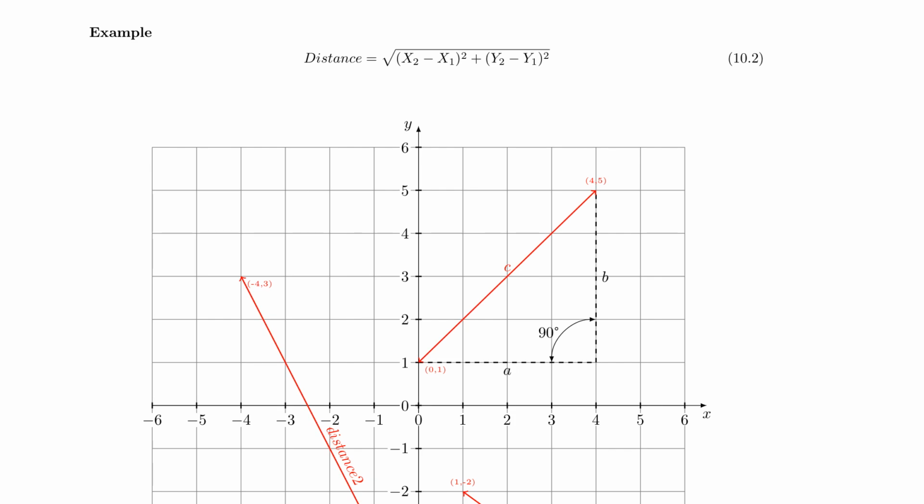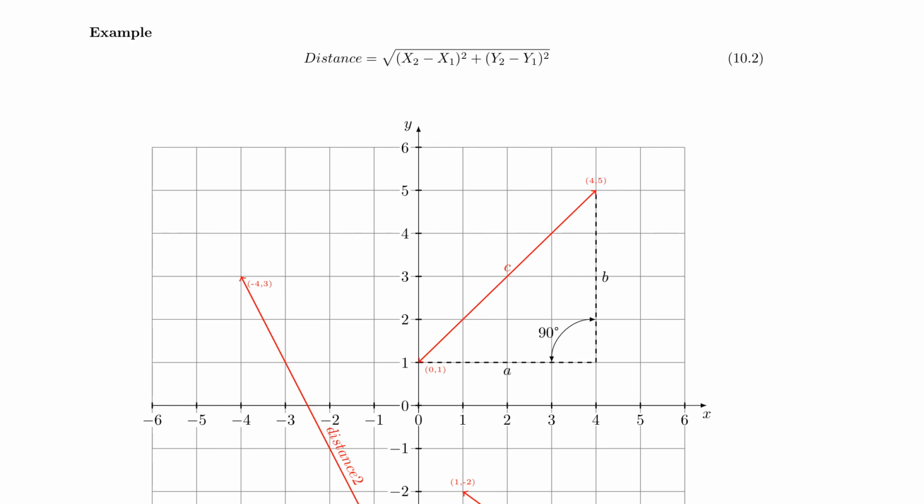If you notice, these 2 points create a right angle, right? The line goes parallel to the x-axis until the point where this line is, and another line goes parallel to the y-axis going up to the second point.